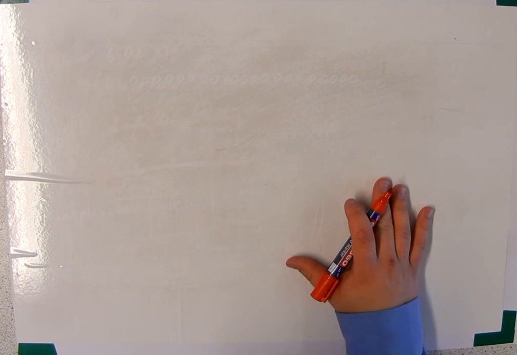So, what do we need to be able to do with these moles? Well, first thing we need to be able to do, we need to be able to work out how many moles we have. And we're going to do that by first of all calculating molar masses.